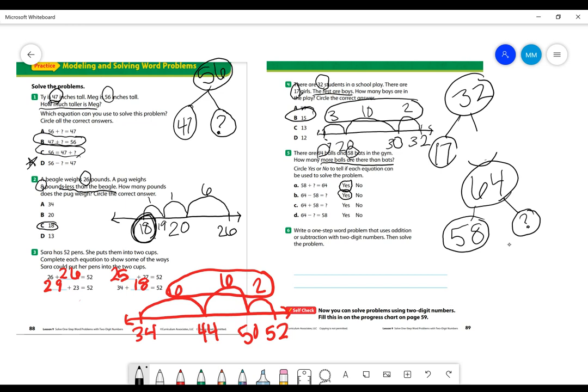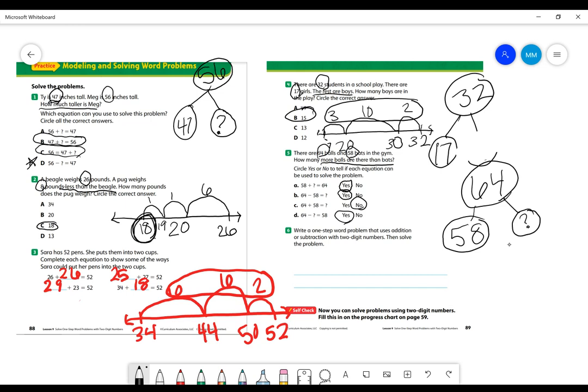No, because 64 is my whole. So 64 would need to go after my equal sign. And 64 minus a missing part equals 58. Would that help us find our missing part? Yes, because we are starting with our whole, we could take away the missing part to find how many are left.